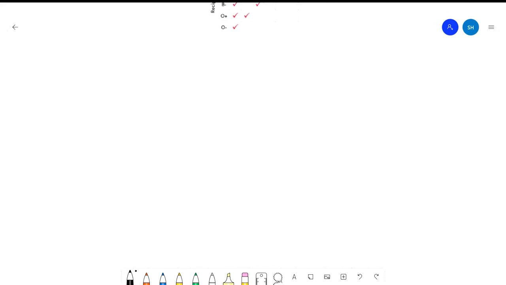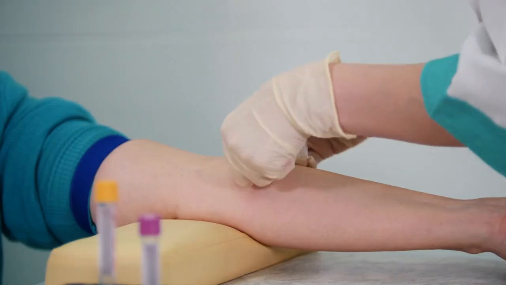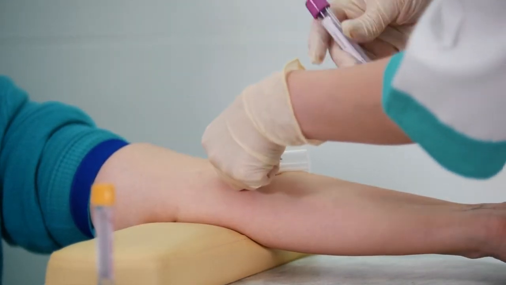And the final thing that we'll be talking about in today's video is how you get to know what blood type you have and if you have a negative or positive blood type. To figure out what blood group you have, you need to take a blood test.